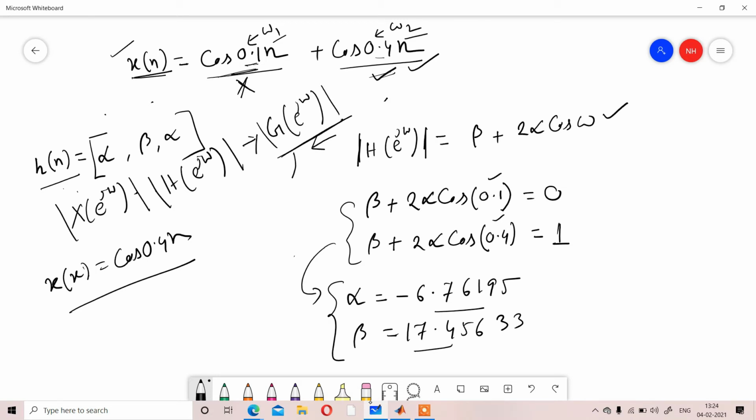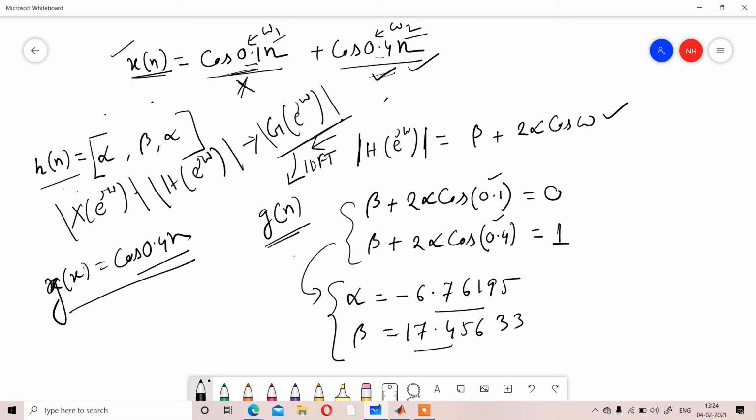Then you have to do the inverse DFT, and you will get g[n], which is cos 0.4n. In that way, you can use the filter, basically a low pass filter. So, clear?